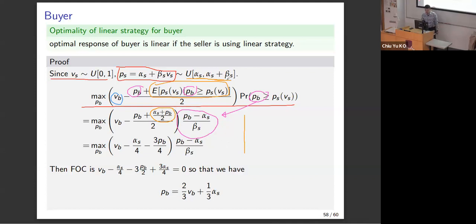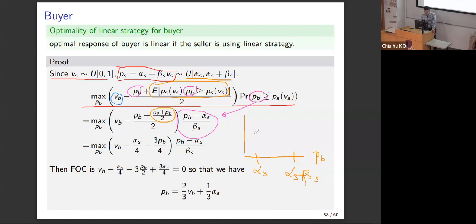So you're asking the probability that... you know this is PB, coming from alpha S and alpha S plus beta S here.